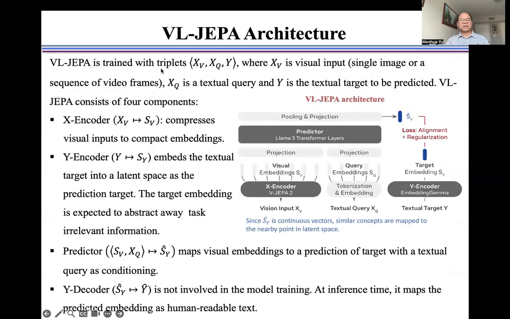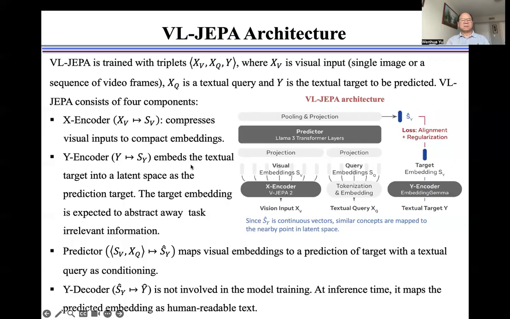VL-JEPA is trained with triplets XV, XQ, and Y, where XV is a visual input, XQ is a textual query, and Y is a textual target to be predicted. VL-JEPA consists of four components. The X encoder compresses visual inputs to a compact embedding, as shown here.